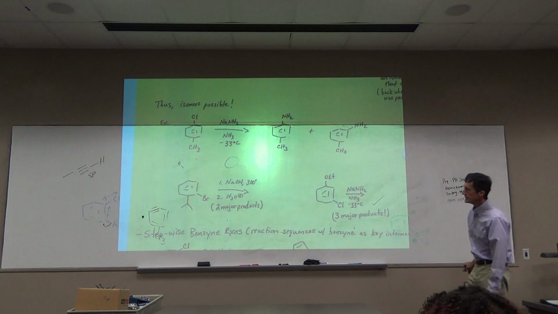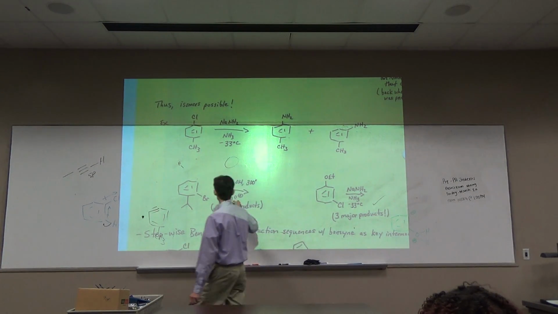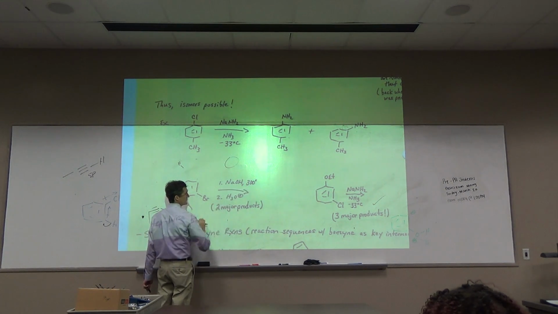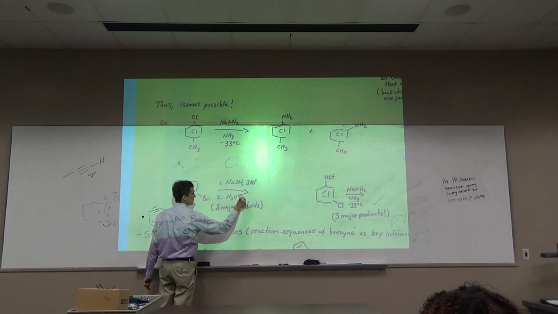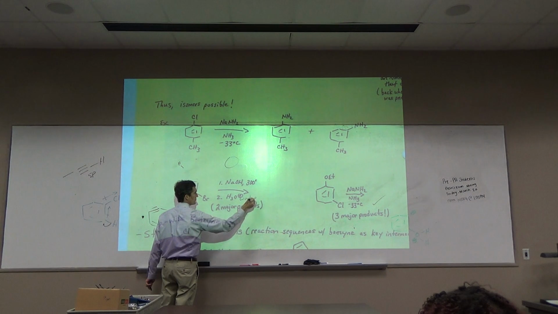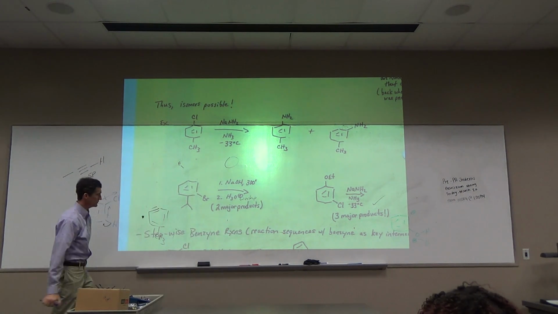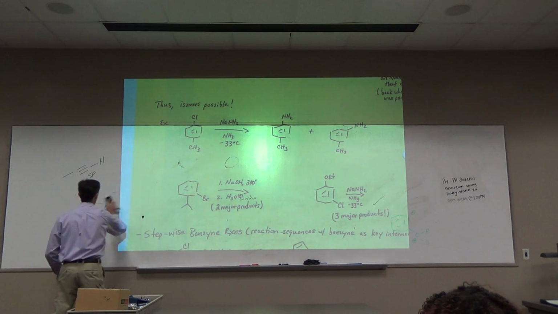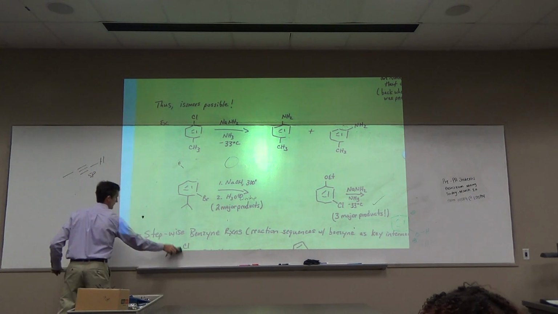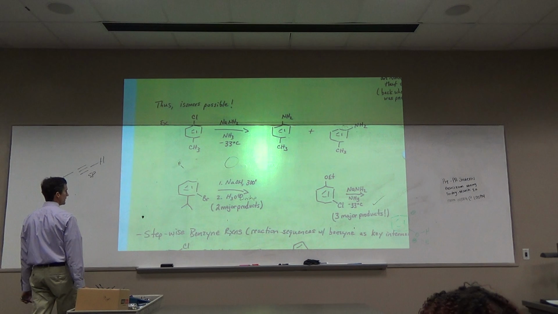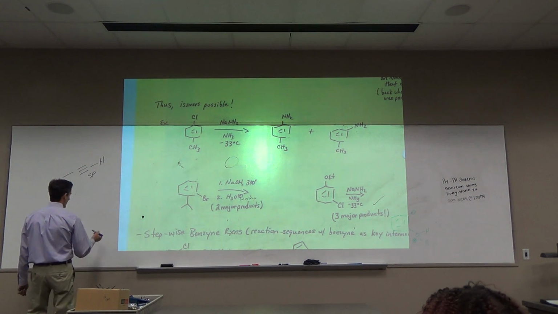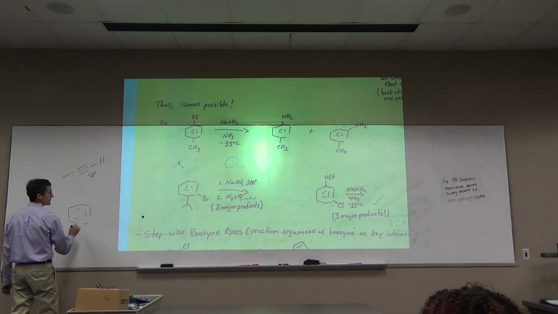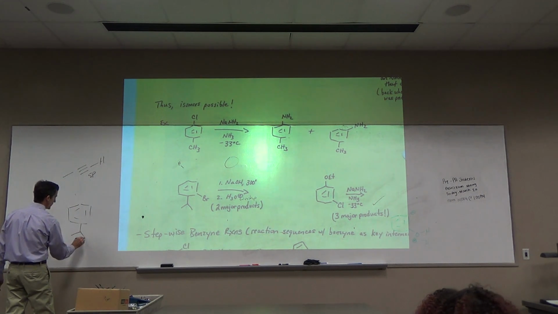For example, here. If you take this, sodium hydroxide, 300 degrees, then an H plus workup, that is just workup, two major products. What are the two major products? Isopropyl.